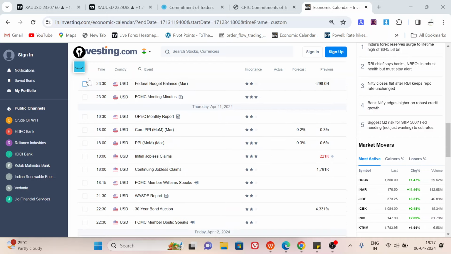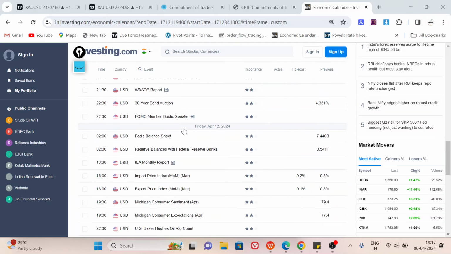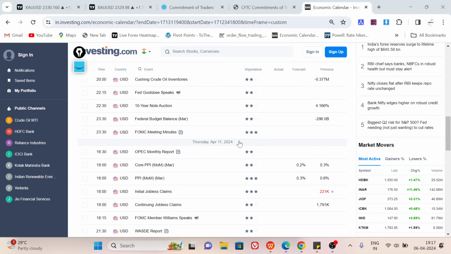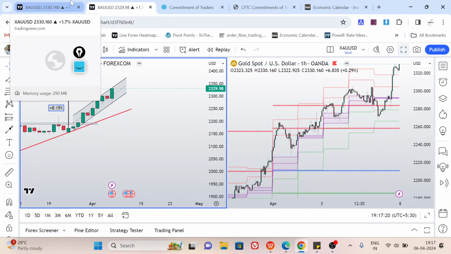On Thursday we have PPI, this right over here, and initial jobless claims, and on Friday we do not have any major data. We have to watch the reaction from these data also. So this is the overall scenario. Overall the scenario is still in the bulls' favor, and for sell we have to wait.